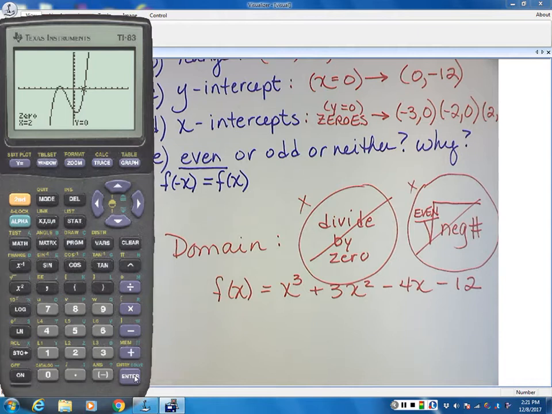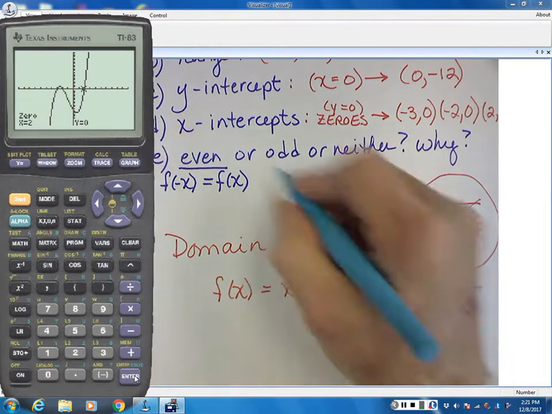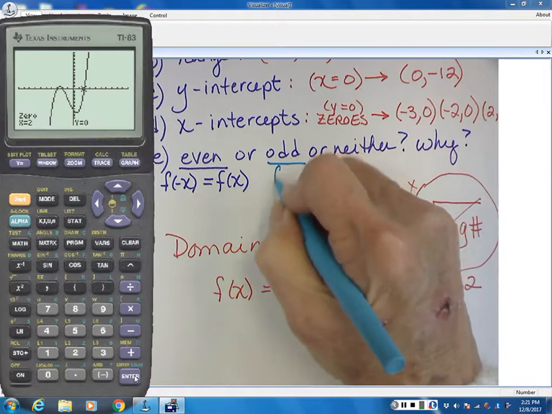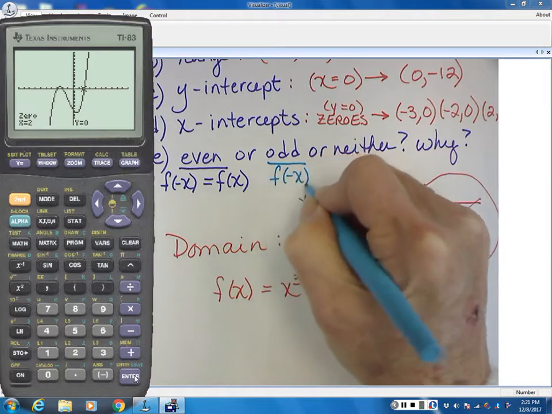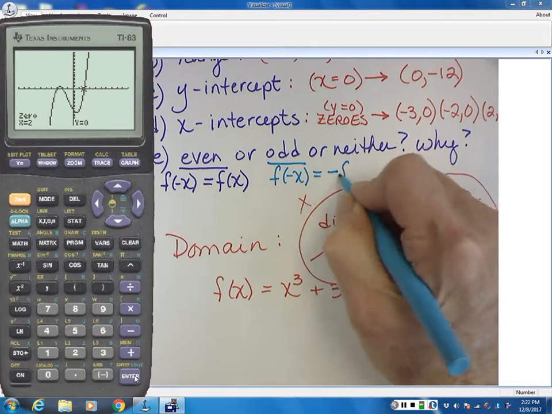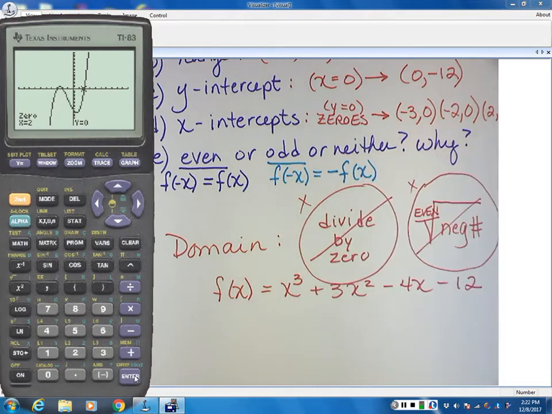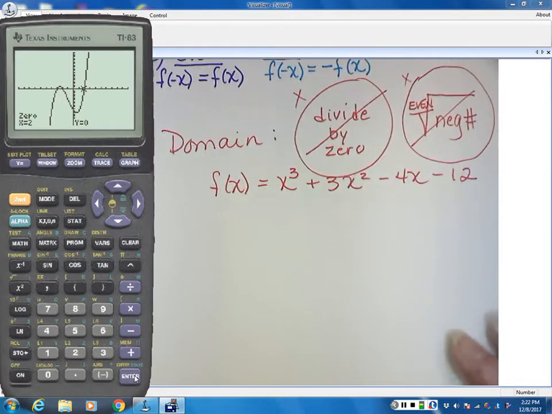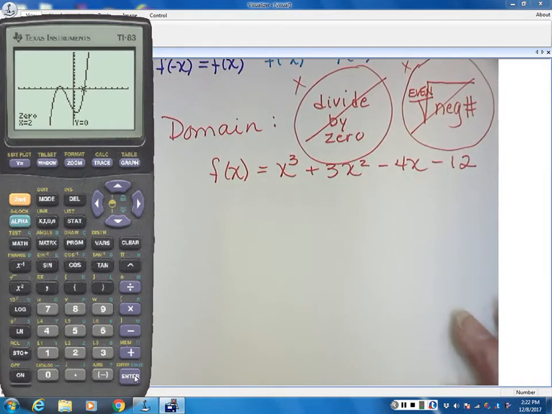It is odd if f of negative x is equal to the opposite of f of x. In other words, f of x with all of its signs flipped around. And the only way to figure that out is to actually plug in negative x into the function and simplify it.